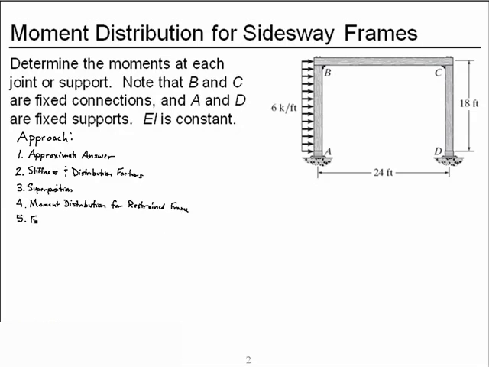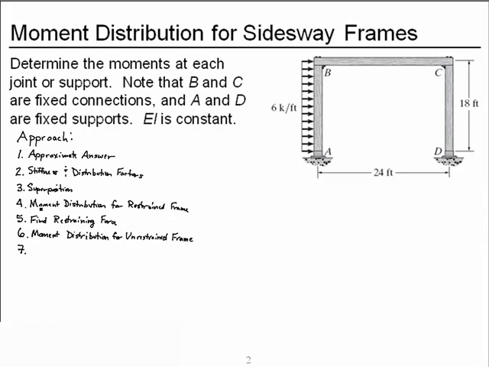Once we've completed that analysis problem, we'll find the restraining force. Then it's time to apply moment distribution for the unrestrained frame, which is the other part of the superposition.